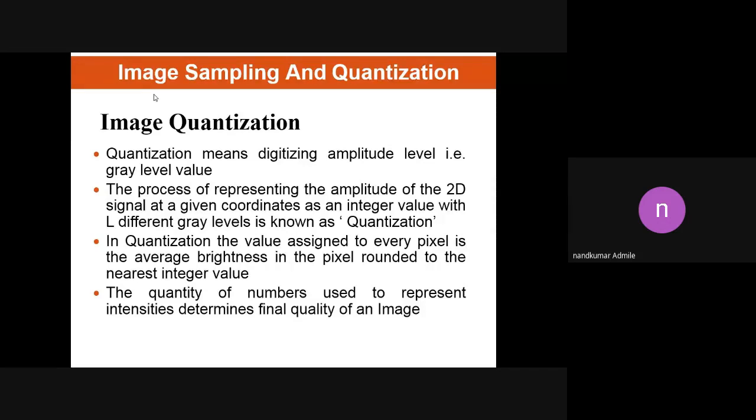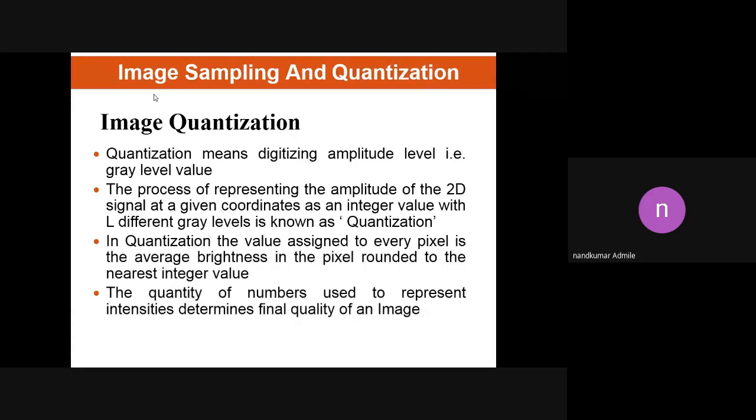That process is called quantization. Okay, so what is quantization? Whatever amplitude values we represent in two dimensions, those values we have to convert into integer values, in numbers. That is called quantization.